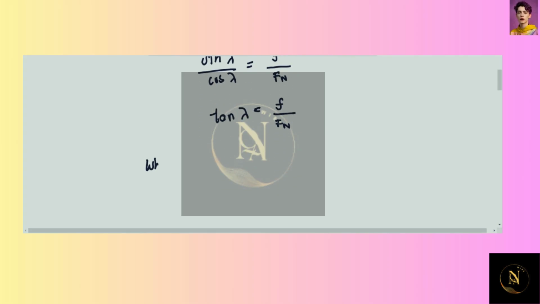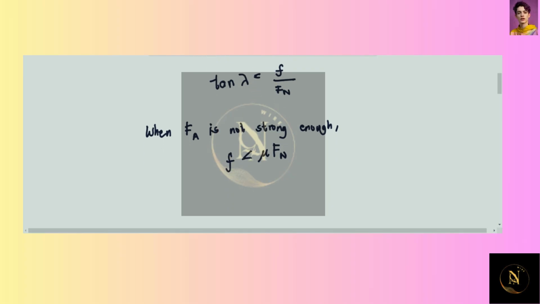Now let's get back to the force applied to the body. When this force is not strong enough, the value of the friction force is less than the product of the coefficient of friction and the normal force. And at this instance, the body will not move.